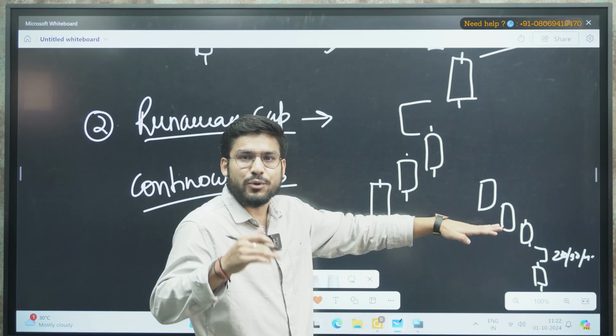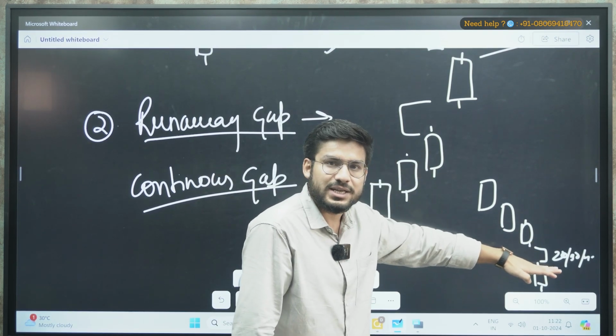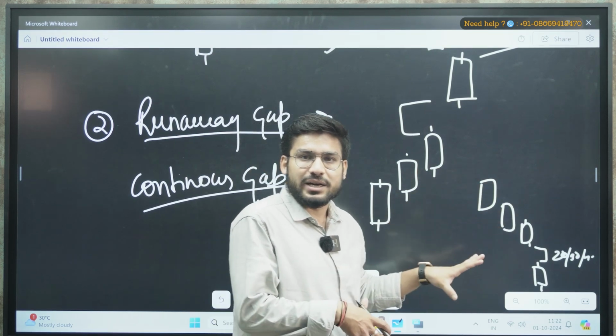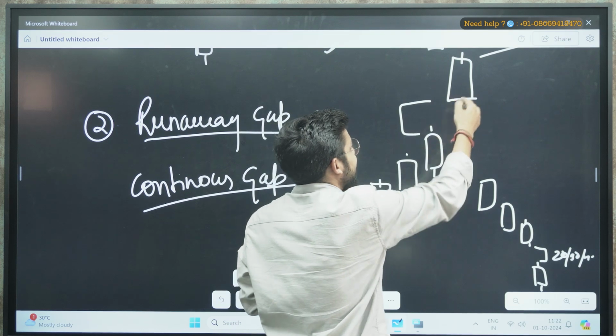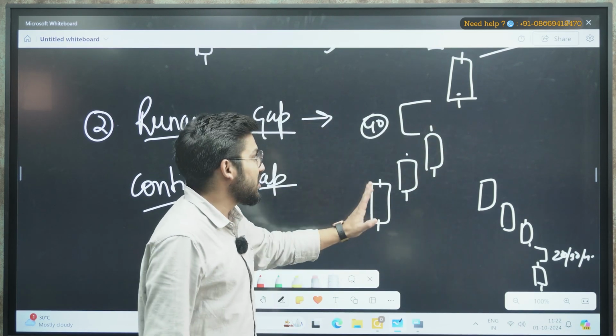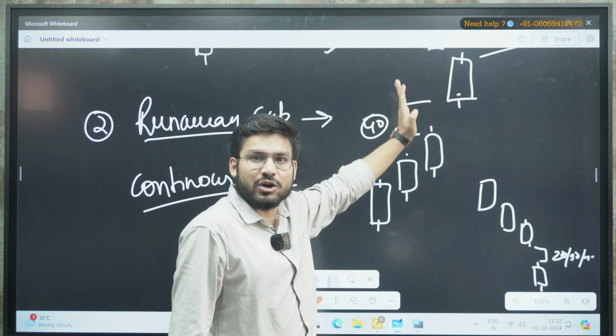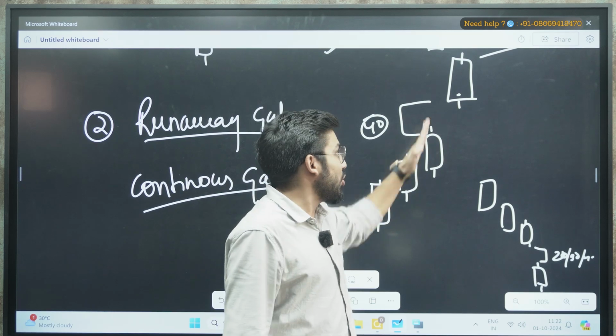I'm talking about a running market, not like the market closed here and then the very next day opened here. I'm talking about intraday. These candles were forming, and suddenly the very next candle opened like 40 points above. So this is called the runaway gap, in the continuous direction. It shows a strong sentiment in the continuous direction.